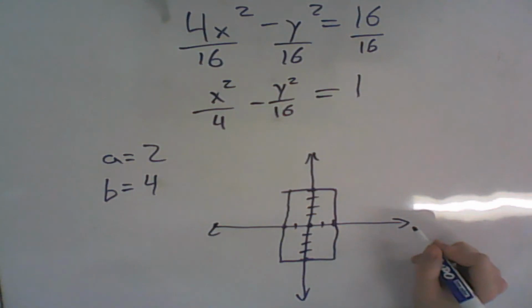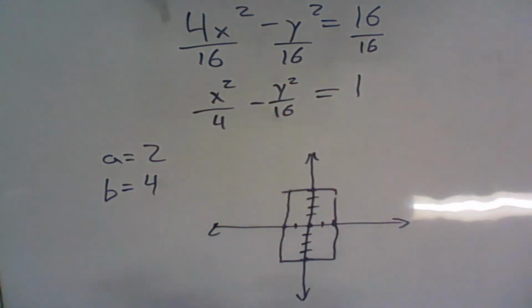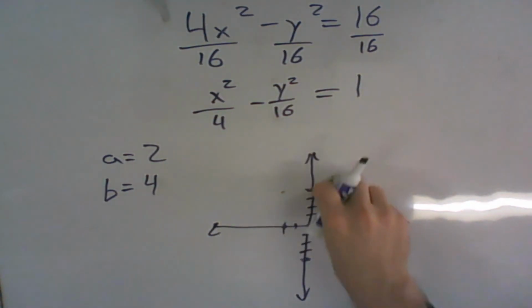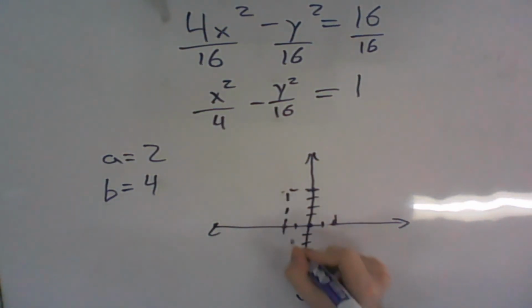Okay. Now you can use a dotted line for this box. So let's just redo that so you can see it's a dotted line. It isn't a solid box, it's just dotted line, dotted line.